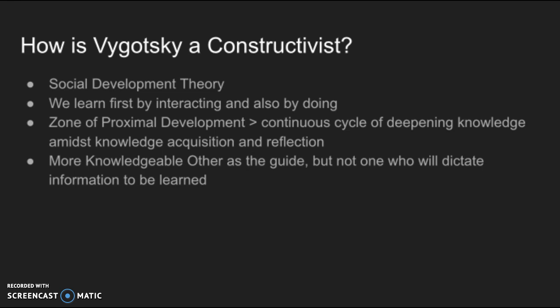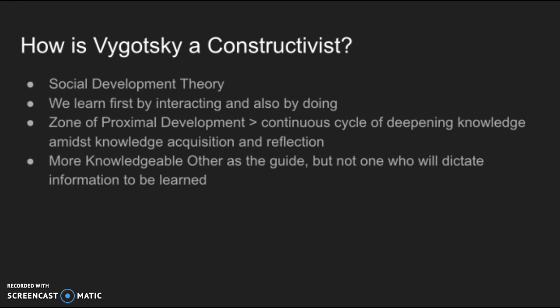Additionally, his theory of the zone of proximal development really reflects that continuous cycle of deepening our knowledge by constantly realizing what we know, what we have learned, maybe what questions we now have, and that last part, the questions that we now have that come out of the reflection process, pushes our zone of proximal development into its next stage.